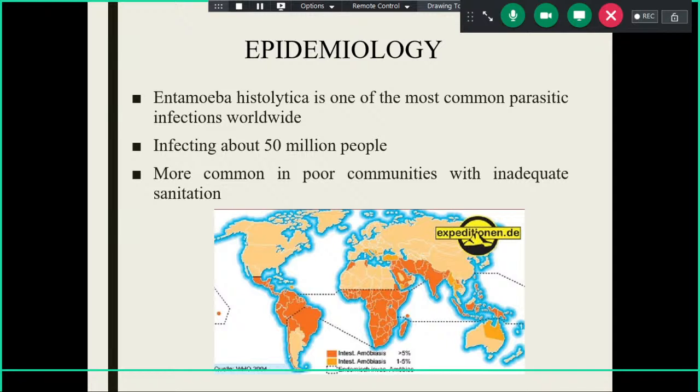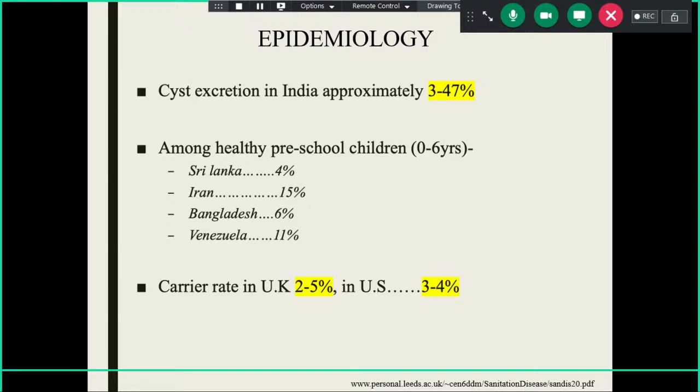So in a community which is closely packed and has poor hygiene practice, we can expect the prevalence to be more. Okay. If we see the Indian statistics, the cyst excretion in India is approximately 3 to 47%. See the range, the percentage is a wide range, 3 to 47%.